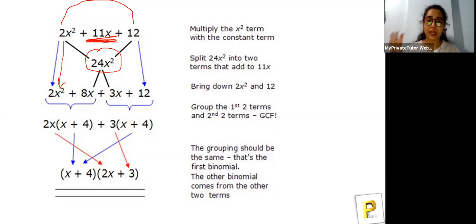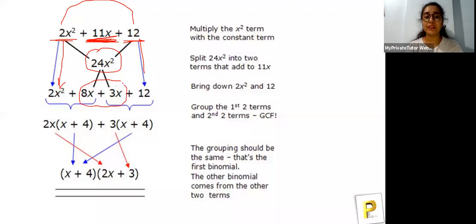Whatever answer you get, find such numbers which multiply to that number, and their addition or subtraction gives the middle term. The first term and the third term you copy as it is. What you have to change is the middle term.